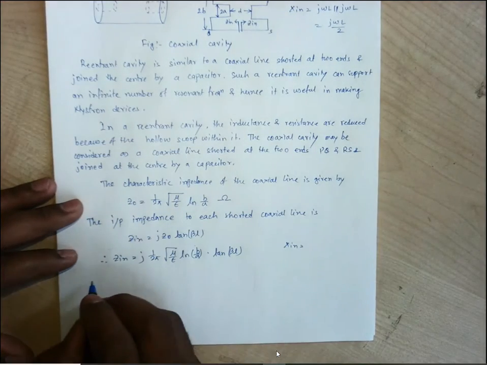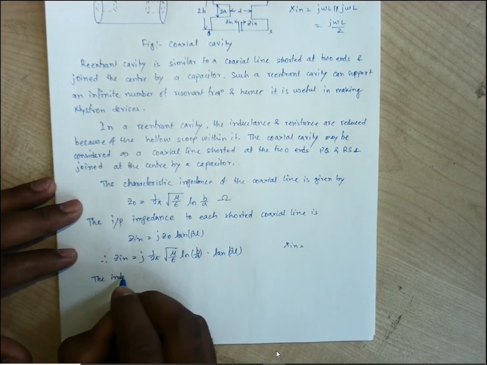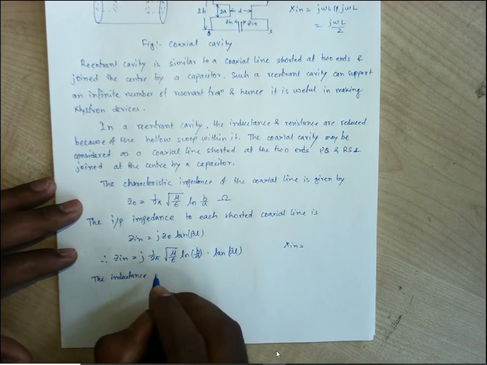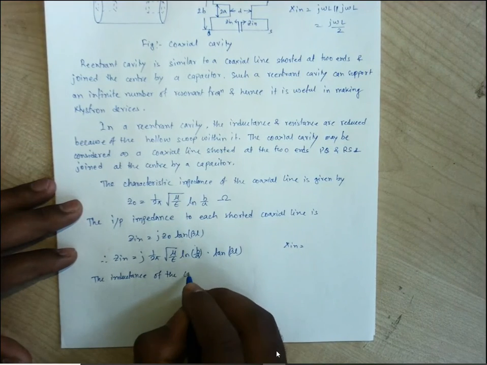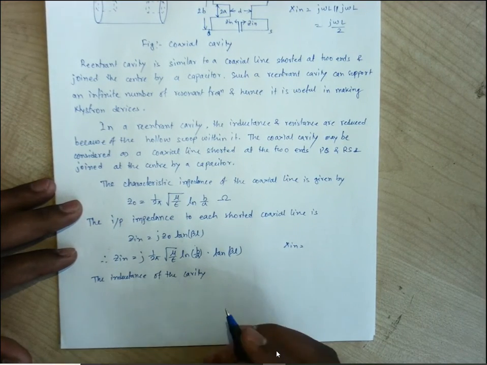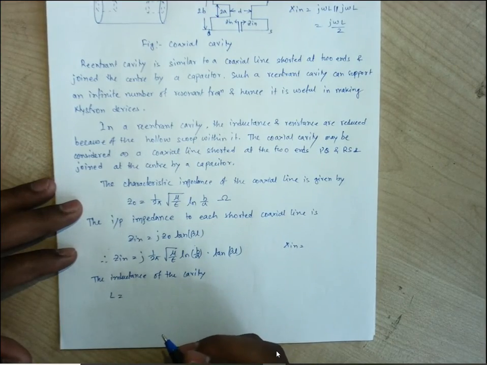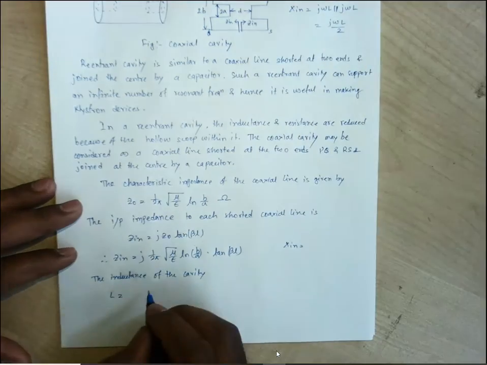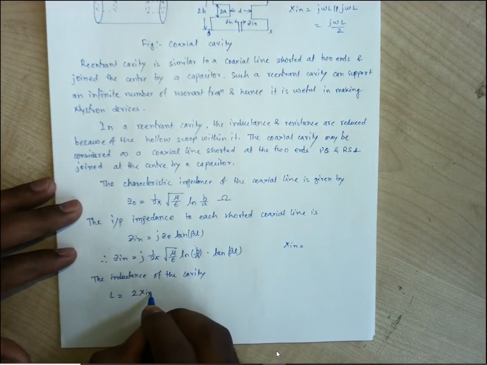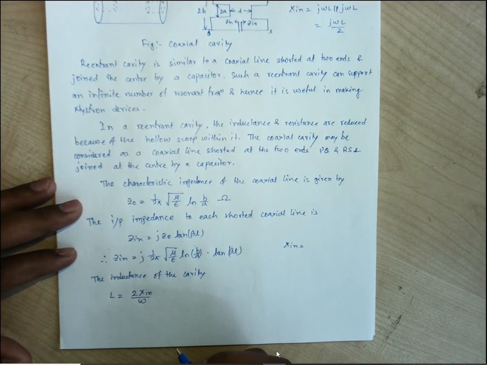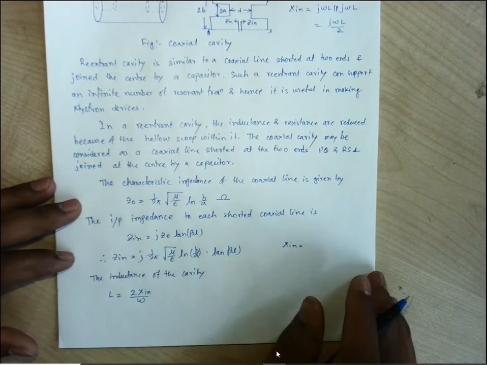Okay. So the inductance of the cavity, L, will be twice X in by omega. We are not considering the phase, we are simply going with the magnitude.